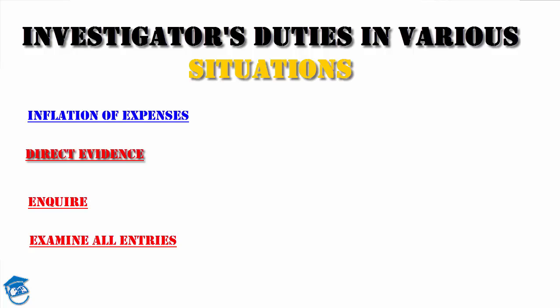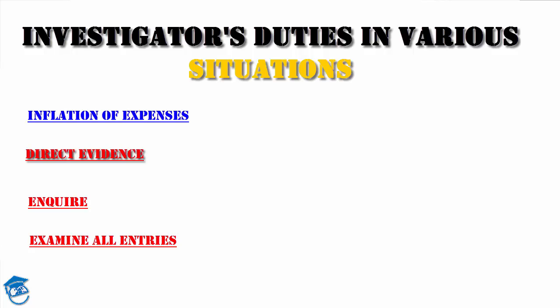So you need to ascertain why there has been a substantial increase in these cases, and see whether the increase is the result of amounts withdrawn in cash and shown as business expenses, or personal expenses having been charged to business. So you need to ensure that. That is something which will be covered as far as your duty as an investigator is concerned with respect to the situation of inflation of expenses.